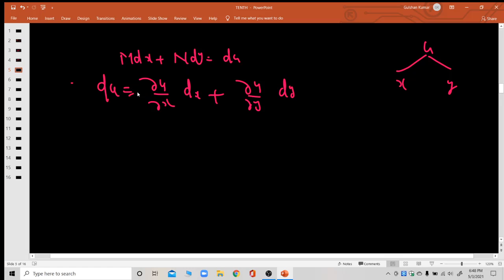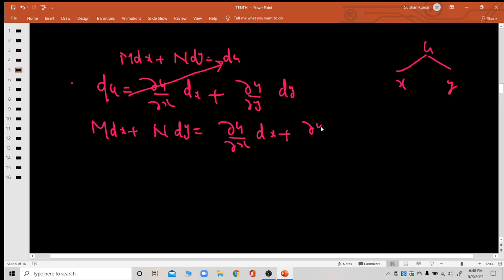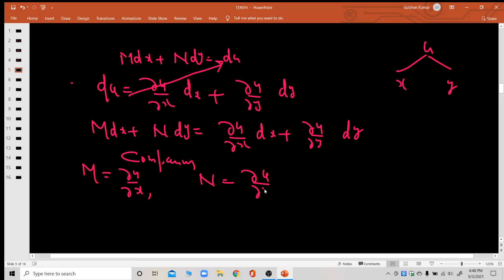Then we can compare these: M dx plus N dy is equal to ∂u/∂x dx plus ∂u/∂y dy. Comparing the coefficients of dx and dy, we get M is equal to ∂u/∂x and N is equal to ∂u/∂y. Now I want to eliminate this u.